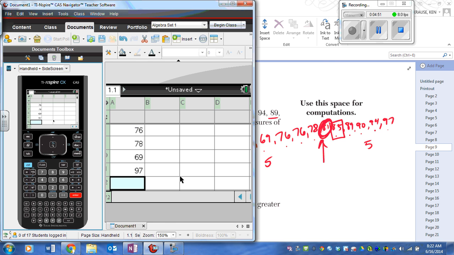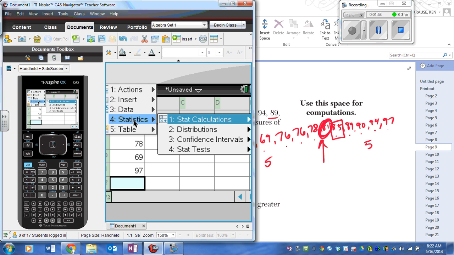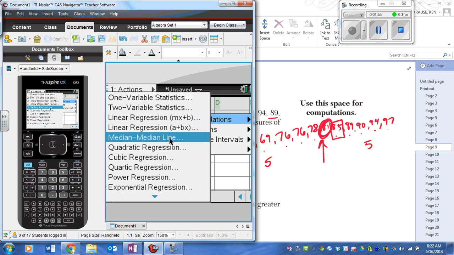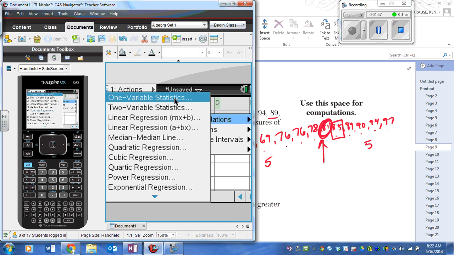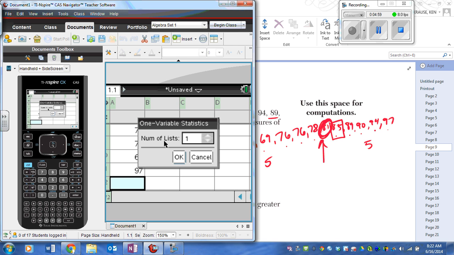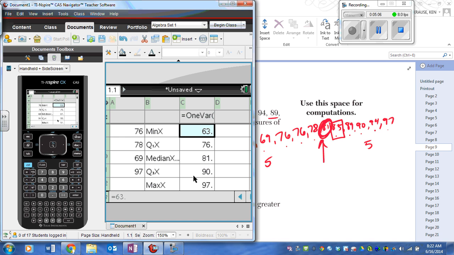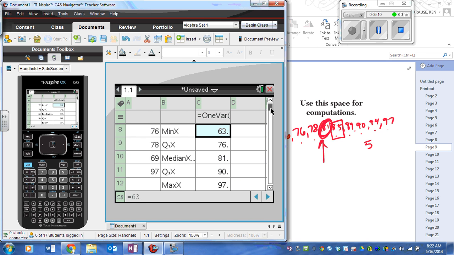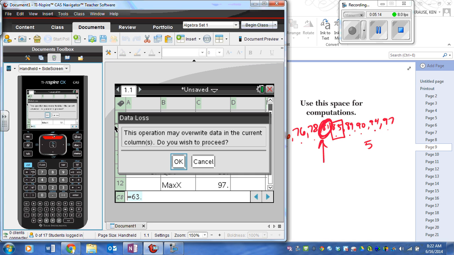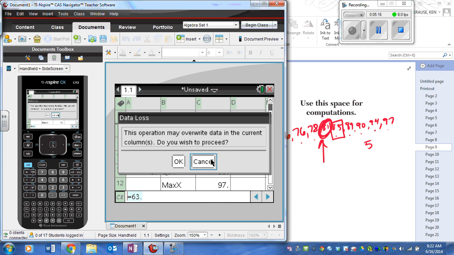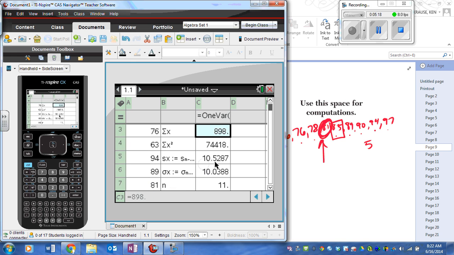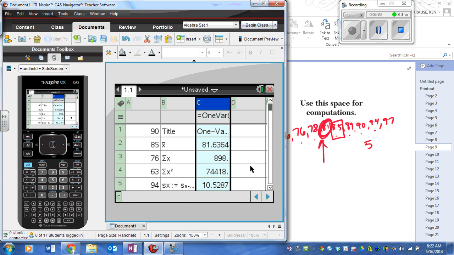Then we go to menu, statistics, stat calculations, and this is only one variable statistics. We have number list. We have 1. We're going to put the list. Then we're going to put the results in B. Something happened there.